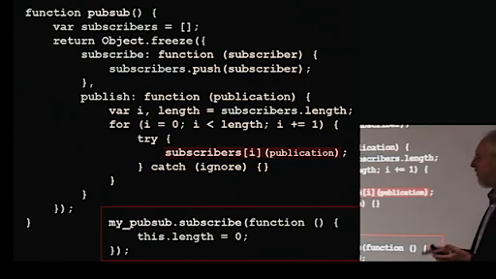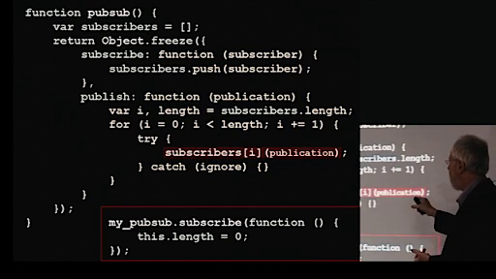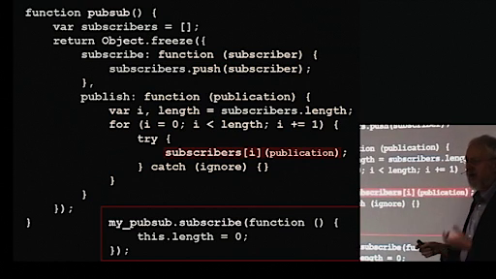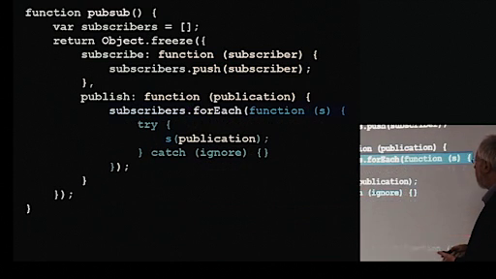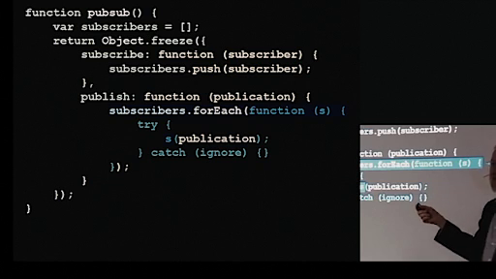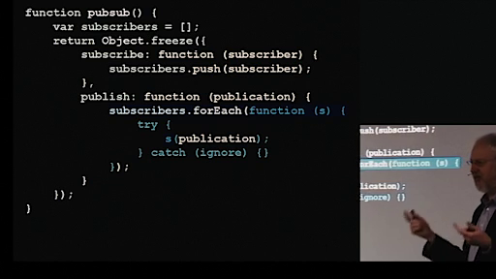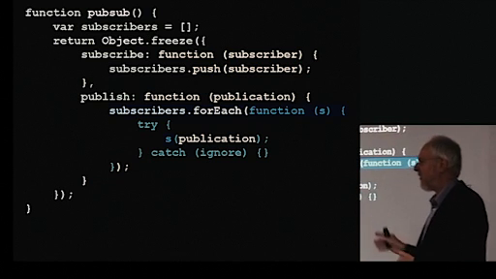The way I would prefer to do it, or the other thing you could do, is assign subscribers[i] to a local variable and then call that variable. Or what we could do is use forEach. I'm now distrustful of for loops in general, and I like forEach much better.